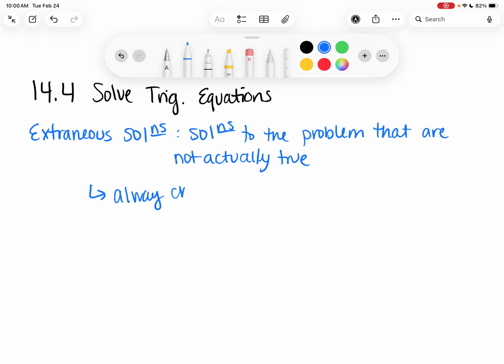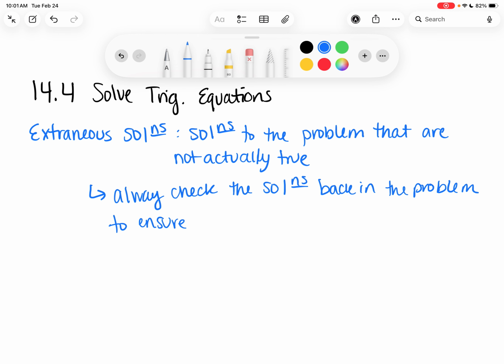Always check the solutions back in the problem to ensure they actually work. Always check solutions back in problem.